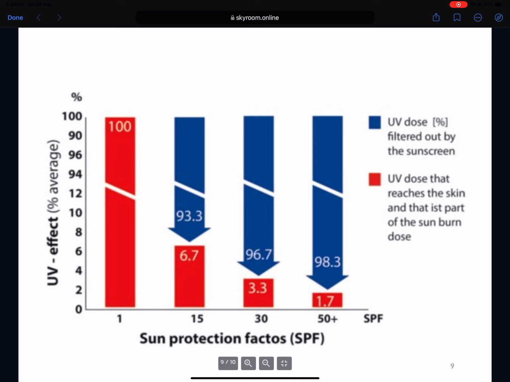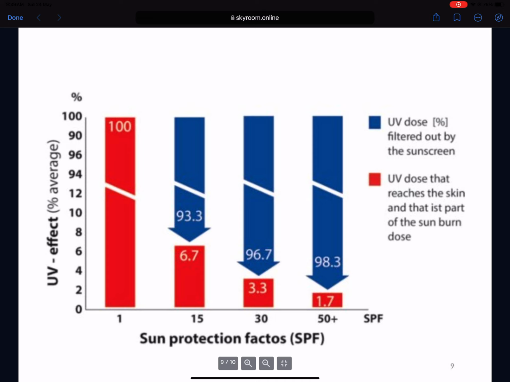For example, SPF 15 means that it can filter 93.3% of UV. So just 6.7 percent of the UV reaches your body. If you use SPF 30 in your sun protector cream, 96.7 percent of the UV is filtered, and just 3.3 percent of the UV can reach your skin.